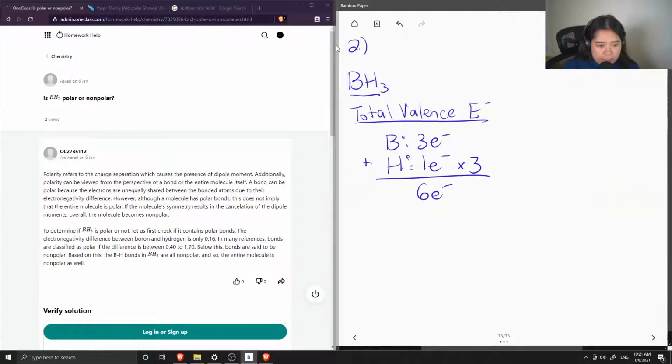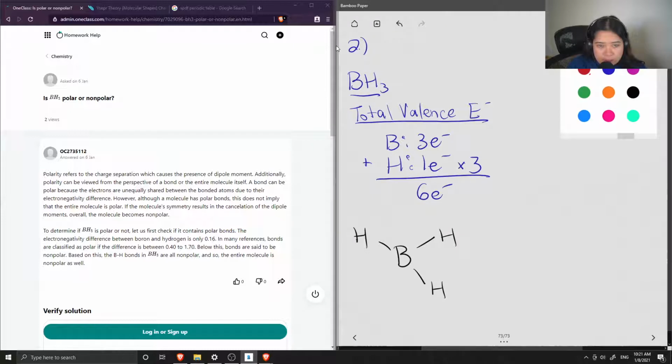When we write out the Lewis structure, we write boron in the middle as our central atom. Then I'm just going to write out all my hydrogens that have a single bond to the boron. Now let's count how many electrons I've drawn so far. Counting 2 electrons in each bond, we have our 6 electrons already.